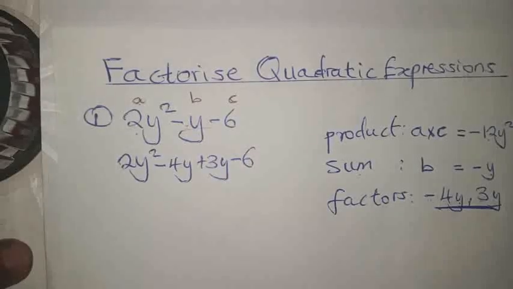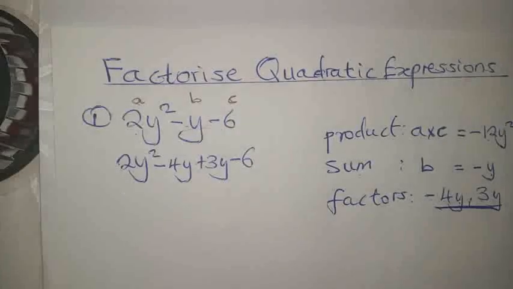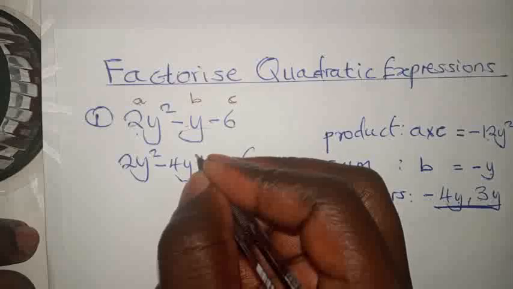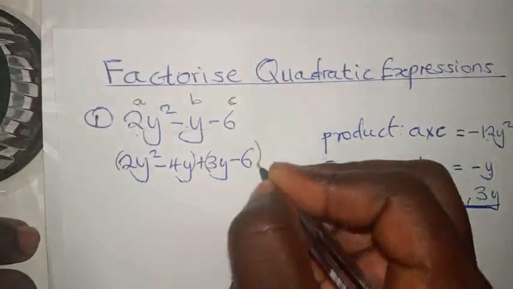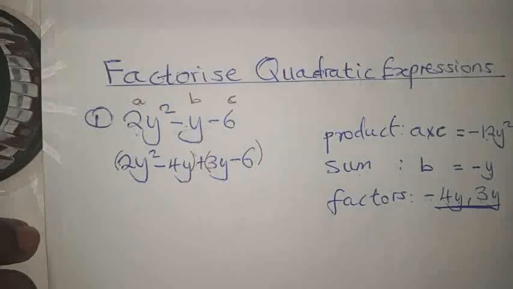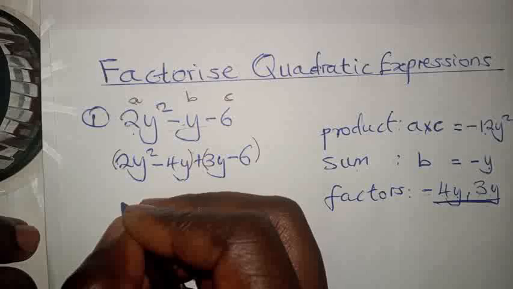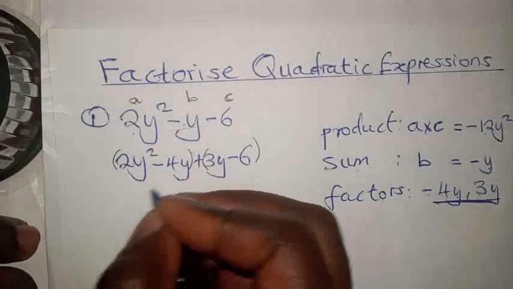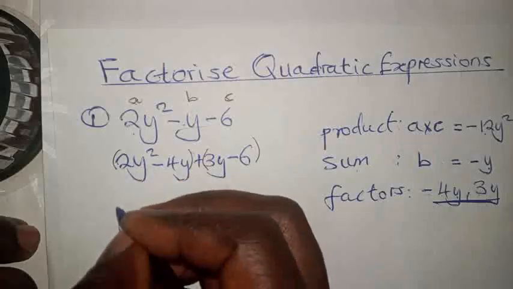Now, how do we proceed? These can now be factorized, since we have four terms. This pair will be factorized as well as this pair. So what is common here? If we check, you can see that y is common, and the number that is common here is 2.